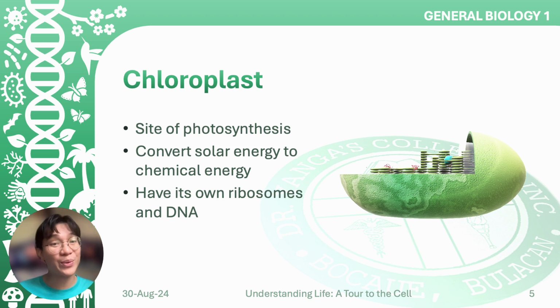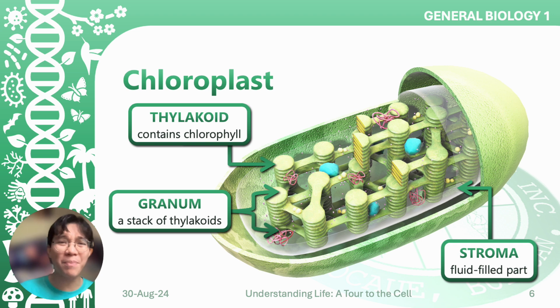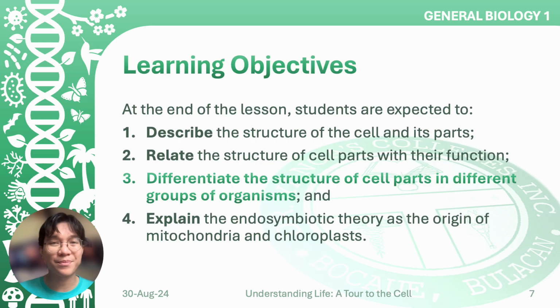So that's how plants do that. They make their own food by harnessing the energy from the sun and taking in carbon dioxide from the air to become sugars. So I hope that's clear. These are the parts of your chloroplasts, but I won't be discussing this. Let's discuss this when we tackle photosynthesis later on.